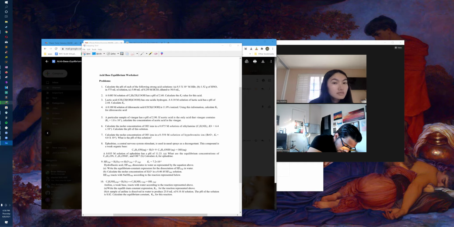So the Ka value is basically going to be the acid concentration on the bottom.